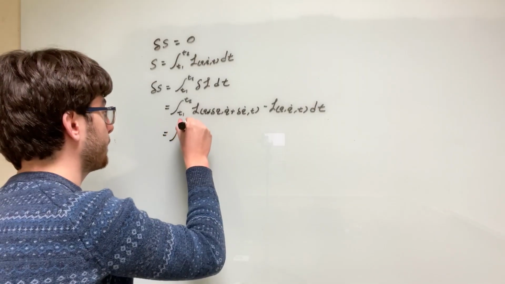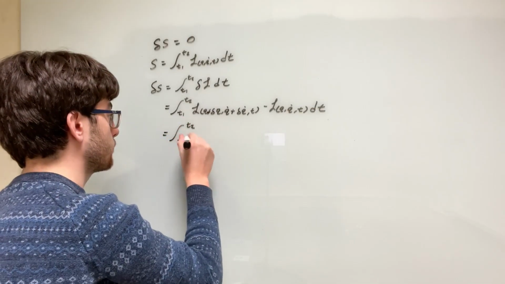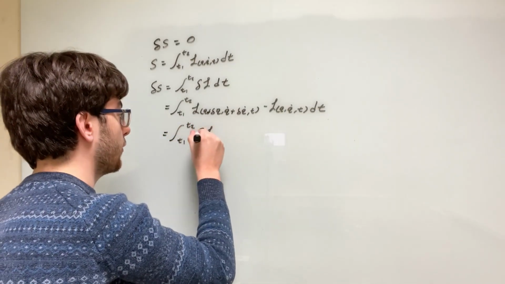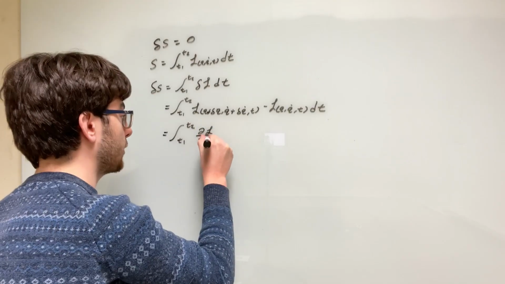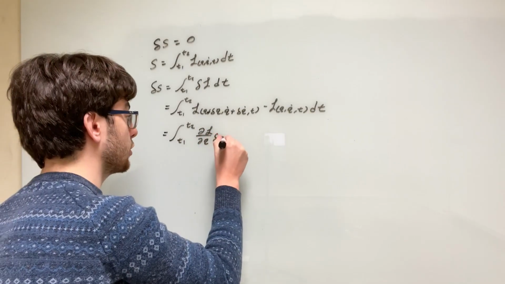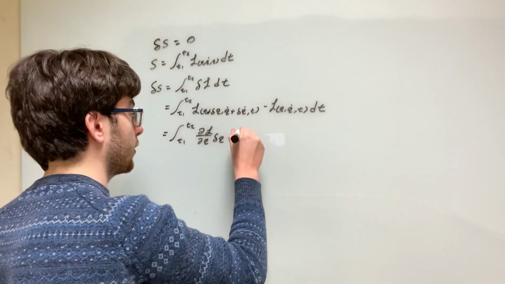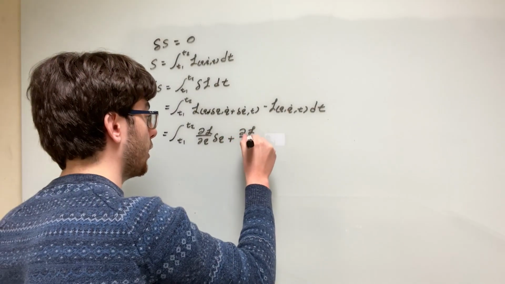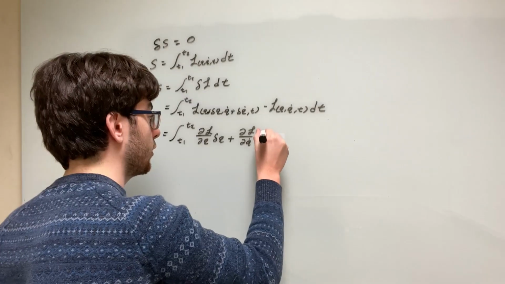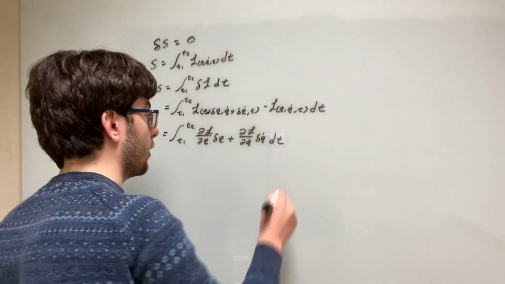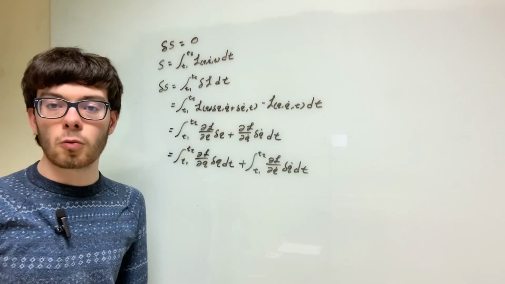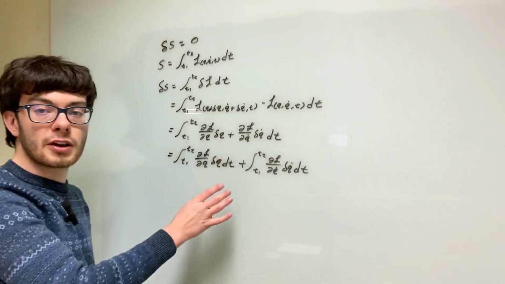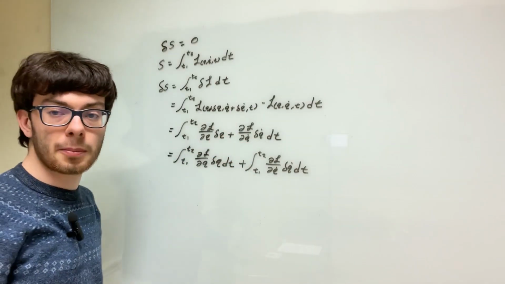So what we'll get is the partial derivative of the Lagrangian with respect to q times the variation in q plus the partial derivative of the Lagrangian with respect to q dot times the variation in q dot, and then integrated over time. We can split this integral up into two different time integrals just for ease of manipulation.